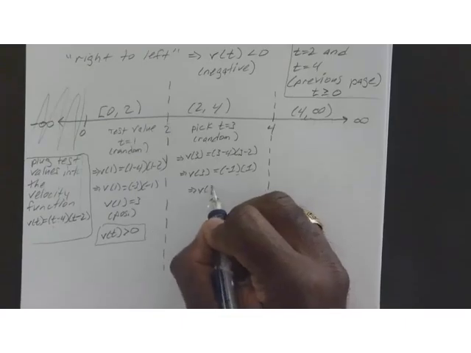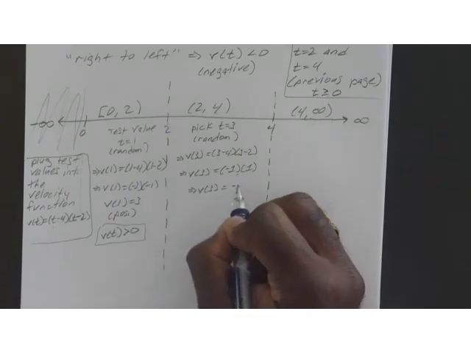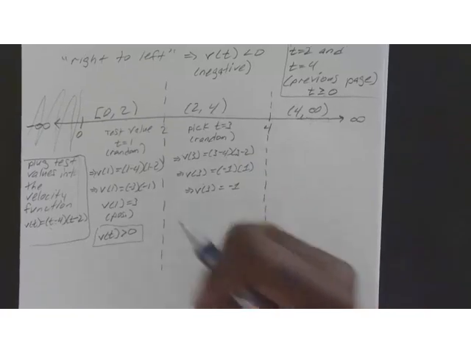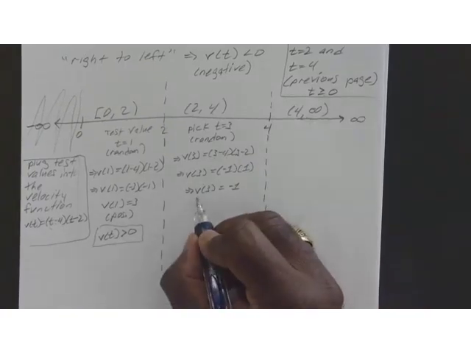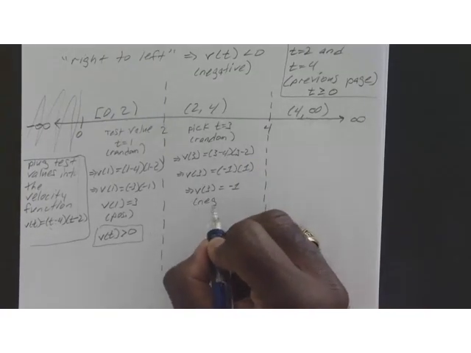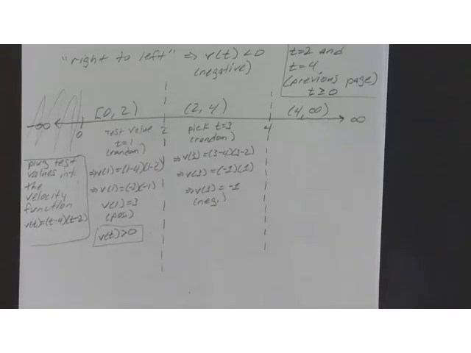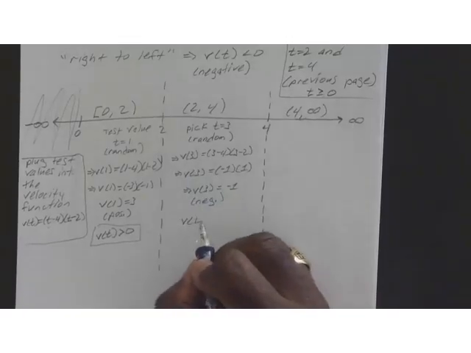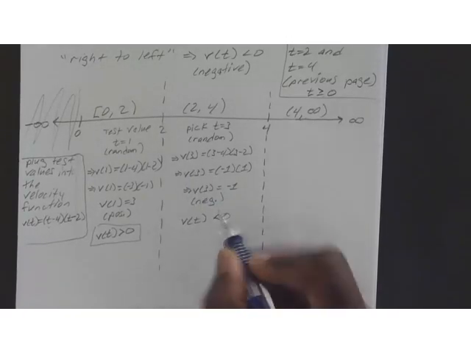So our velocity at 3 seconds is equal to negative 1, and again, we're not too worried about the actual value. We just know that the velocity is negative. So in this interval, your velocity is less than 0.